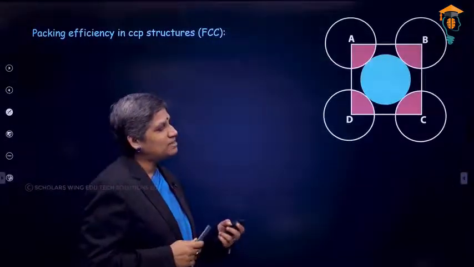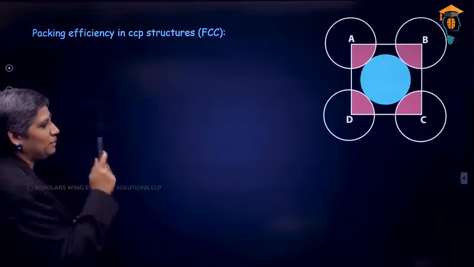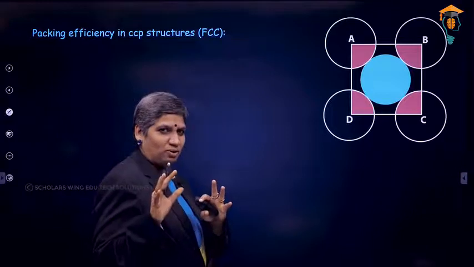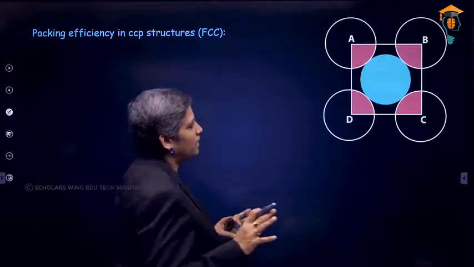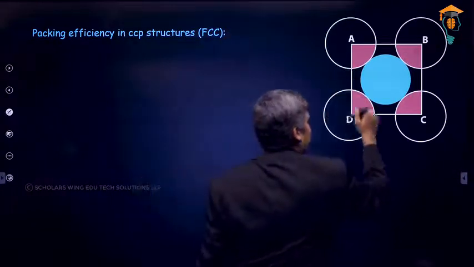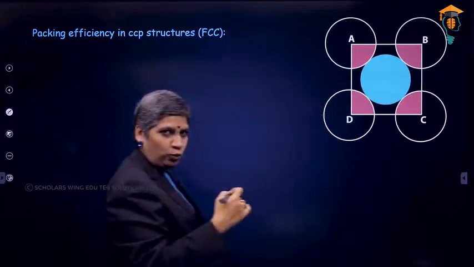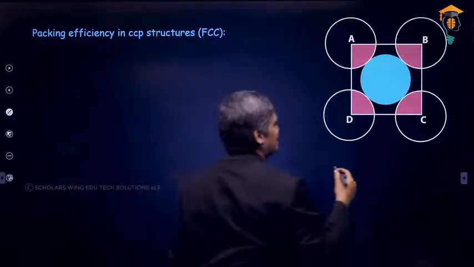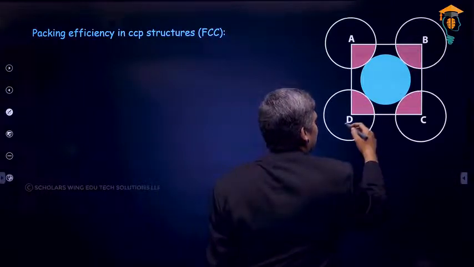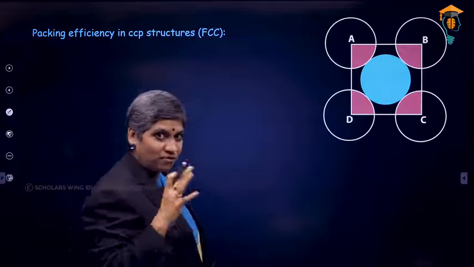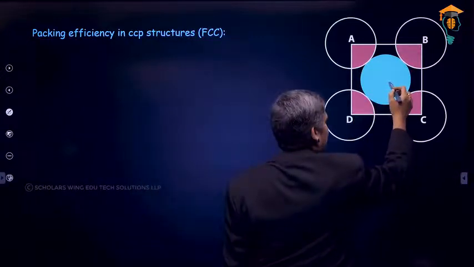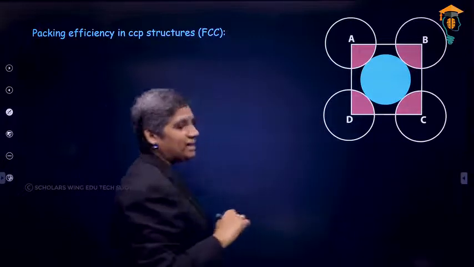Yes. Now, let's calculate. And please look at this image. So here we have focused upon the face of the cube that is towards us, or towards the front. And as you can see, there are 4 spheres at the corners of that face, and of course this represents the sphere at the center of that face.